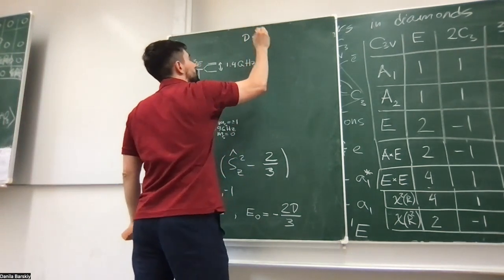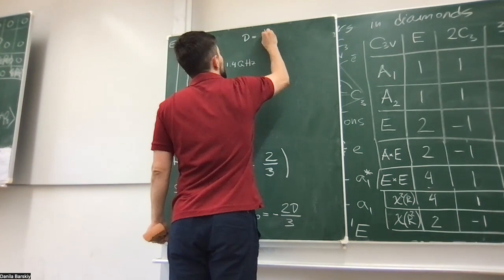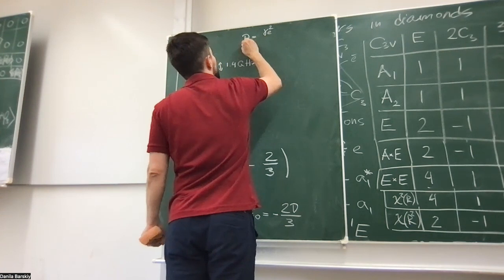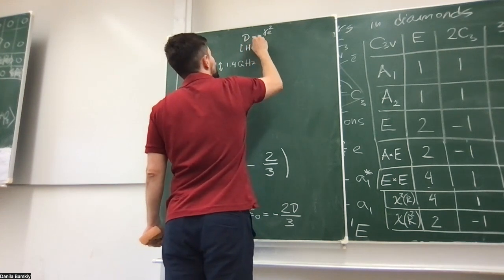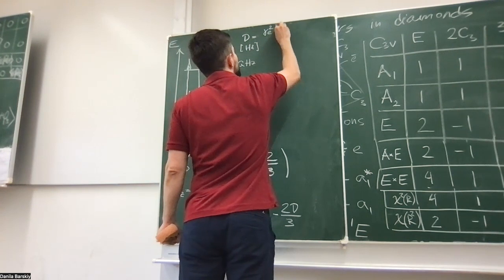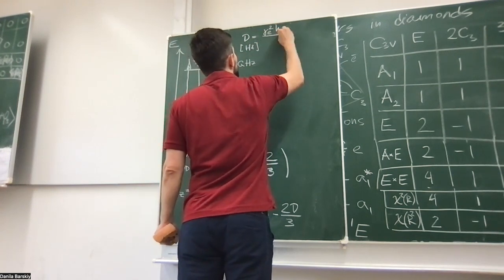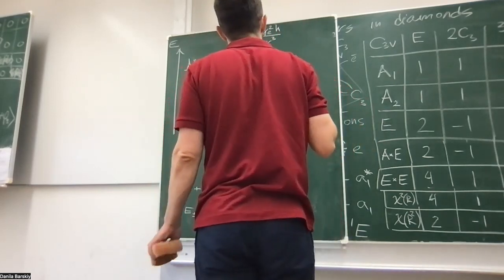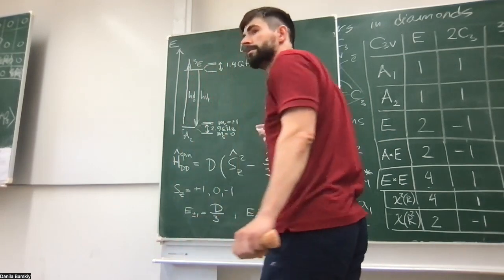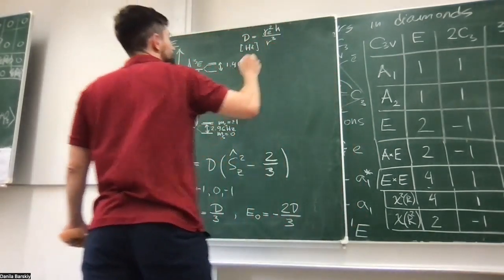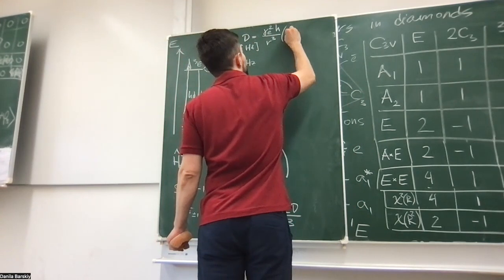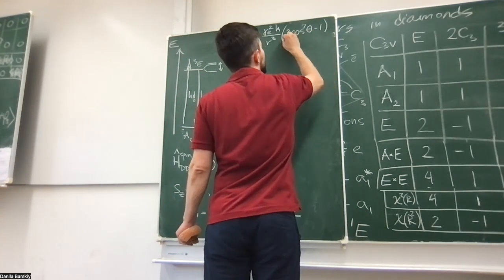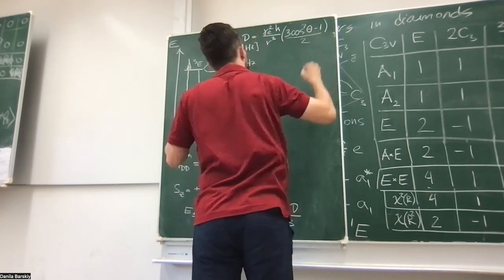So D is normally, you have gamma electron, because it's two electrons, it's just squared. And if we take units of hertz, H bar without bar, H divided by R cubed. We actually can kind of estimate it from this value, because there's also this generally parameter 3 cosine square theta minus 1 divided by 2, actually.